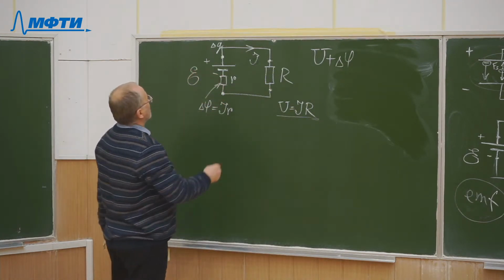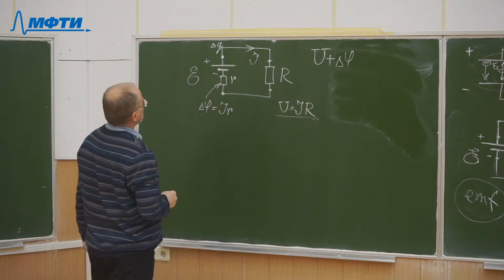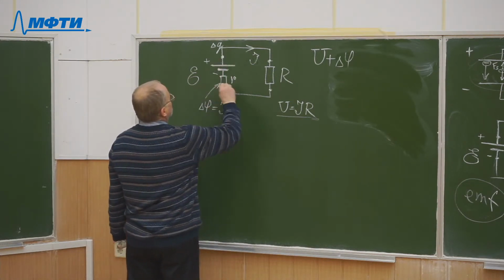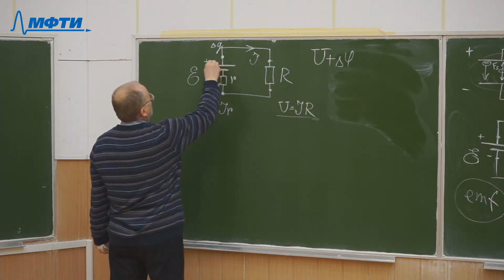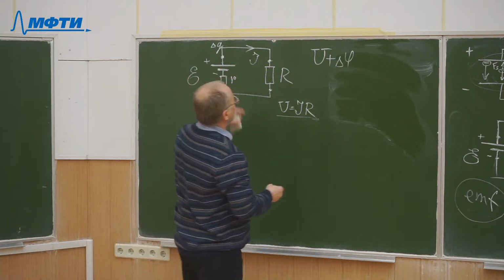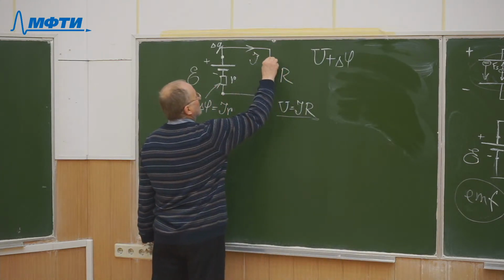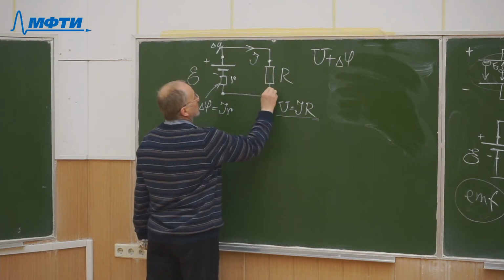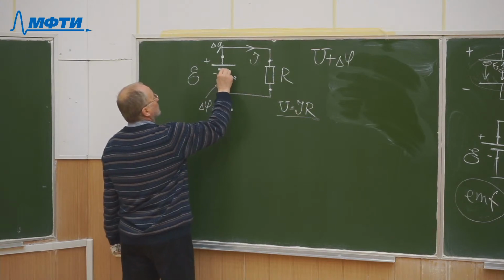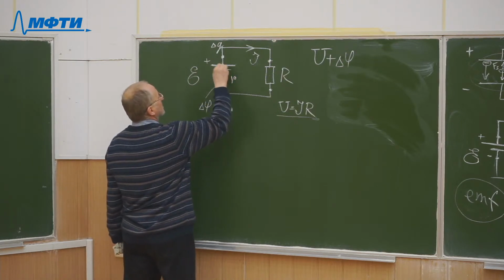And then we must take into account the potential difference on this battery, on this voltage source. It has a potential E here, and if we go from higher potential at this point to lower potential at this point, and from higher potential here to lower potential here, then when we go through the battery, we will go in the opposite direction, from lower potential to higher potential.